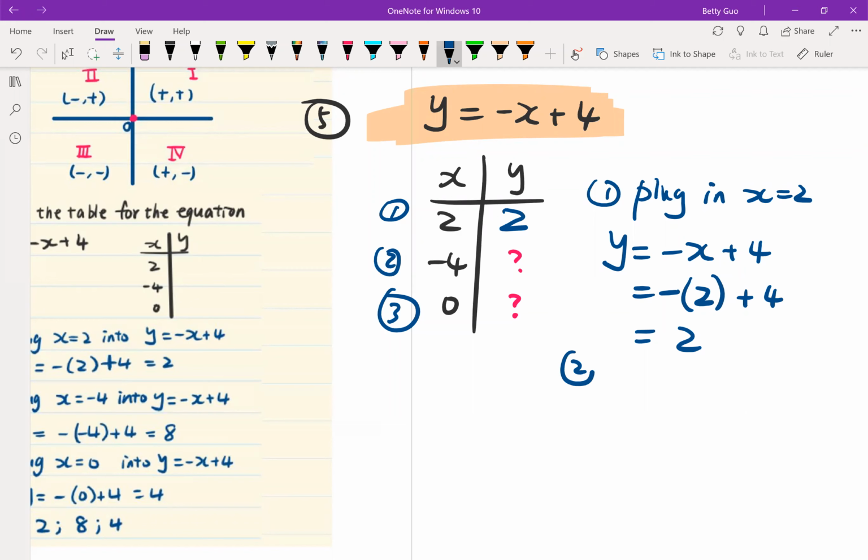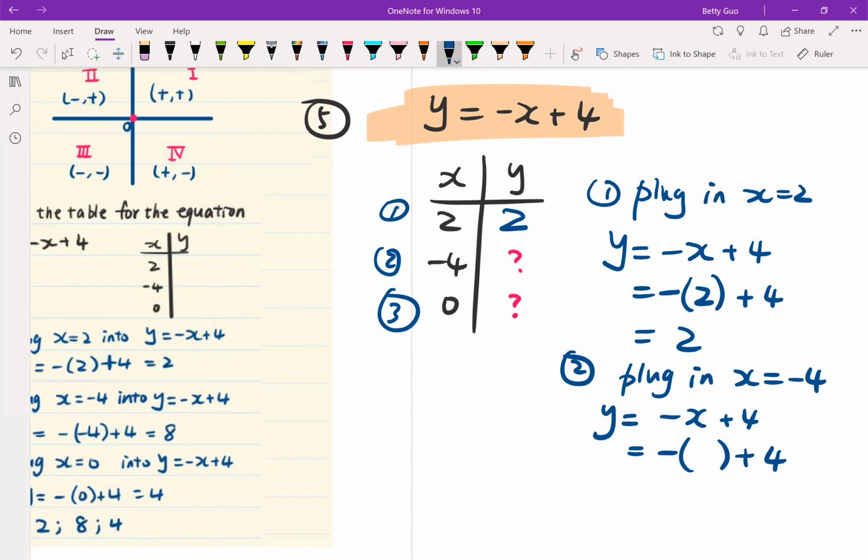Number 2, same thing. We plug in x equals negative 4. Just be careful when you deal with those signs. y equals negative x plus 4. We copy the negative. We use parentheses to hold the place for x. We copy plus 4, and then we put x equals negative 4, a negative 4 in the parentheses.